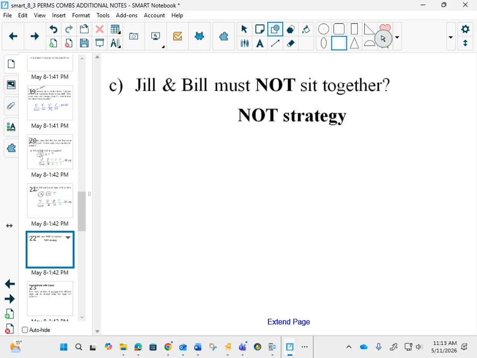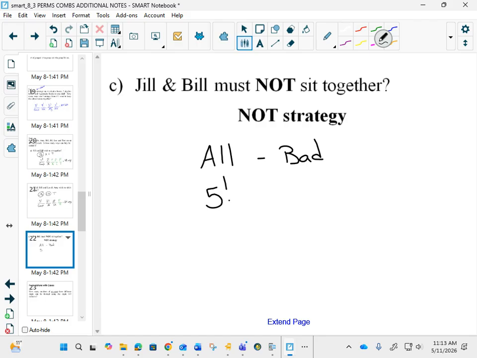This is a perfect example of where the not strategy comes into play. Sometimes it's a lot easier to count what should not happen than what should happen. And remember, the not strategy is always all minus the bad ones. All of them is just all the ways 5 people can sit on a bench, which is 5 factorial, no other restrictions.